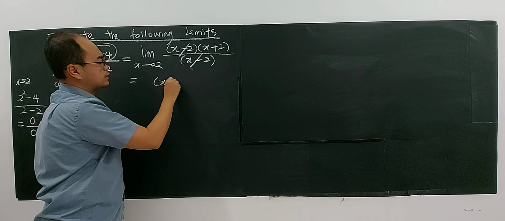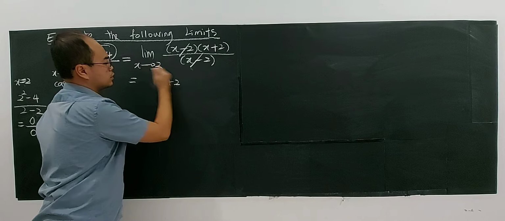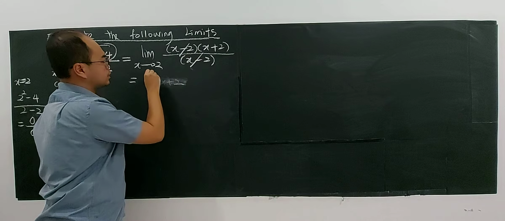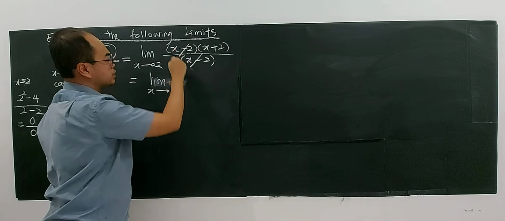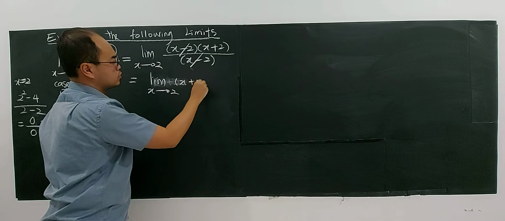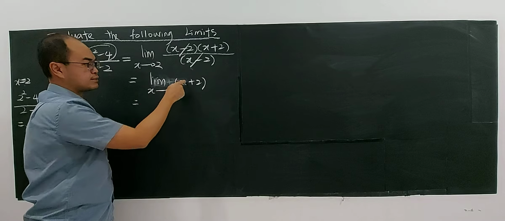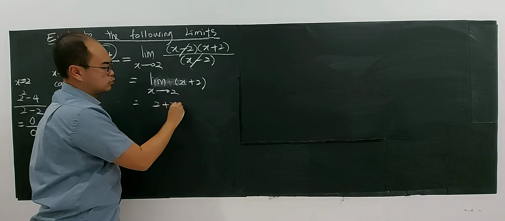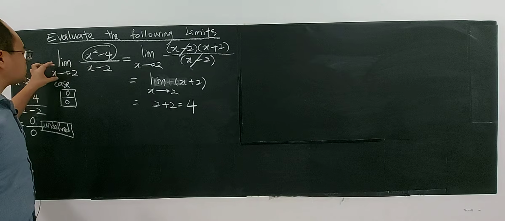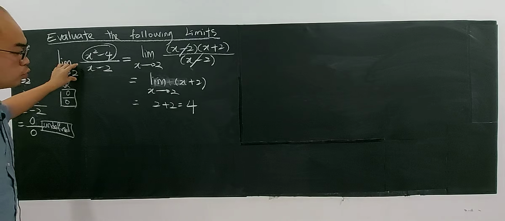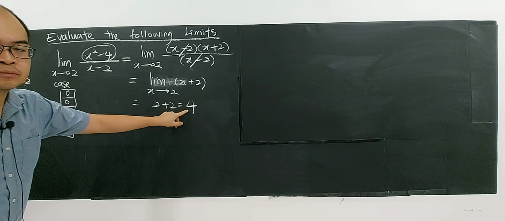You can rewrite this as the limit as x approaches 2. After you eliminate this x minus 2, you have x plus 2. Now you can directly substitute: 2 plus 2 equals 4. That means the limit when x approaches 2 is 4.